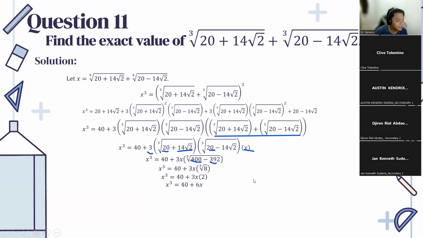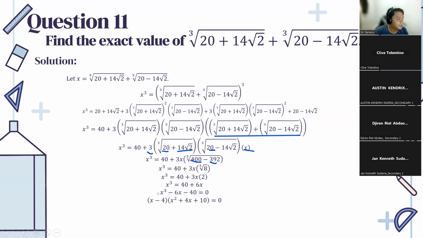And then we try to solve for x. This becomes x cubed is equal to 40 plus 6x, which is equal to x cubed minus 6x minus 40. Okay, so how do we solve this? Factor. So that will be x minus 4 multiplied to x squared plus 4x plus 10 is equal to 0.